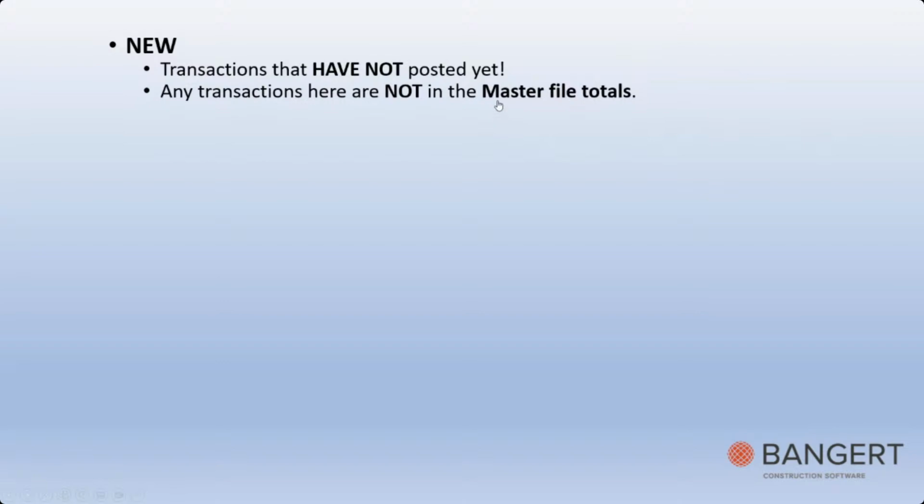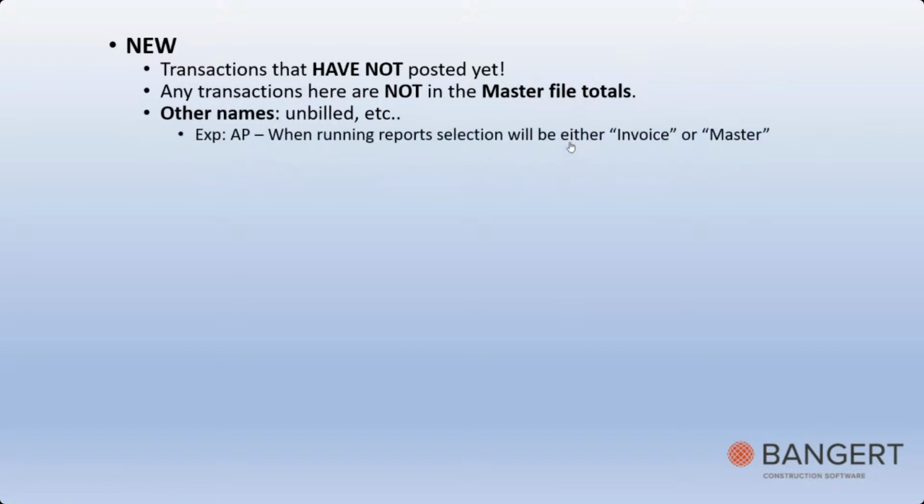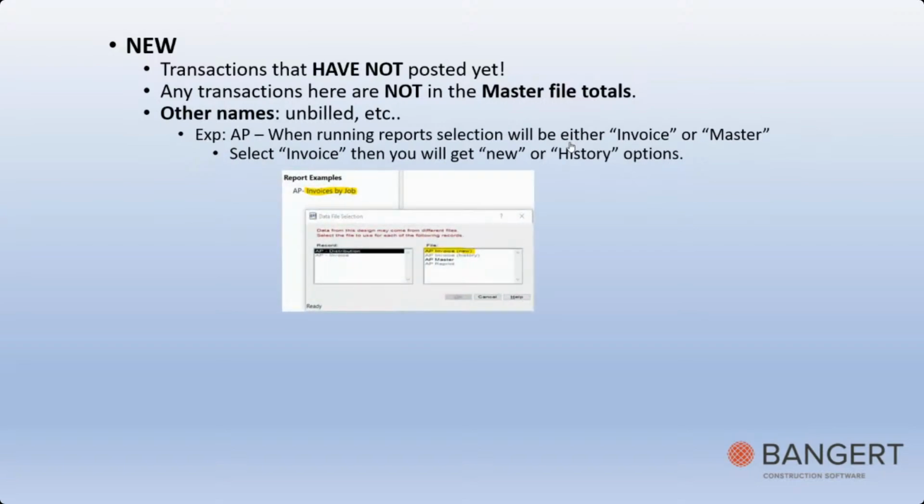Basically, a new file is an unposted file, and it goes by various other names throughout the system. If you're in billing, you might have noticed unbilled and billed. Unbilled is basically a new file, an unposted file. In accounts payable, on a lot of the reports that you run, you may get prompted for AP invoice and AP master, with no naming of the new file whatsoever.